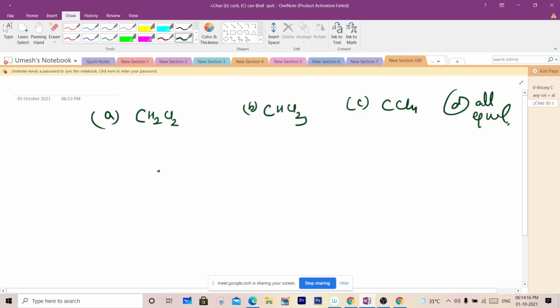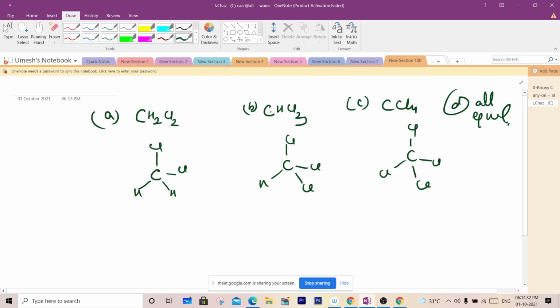See, first of all, draw the structure. All of these are sp3 hybridized, right? So that is tetrahedral. Now you tell me, A, B, C, what?